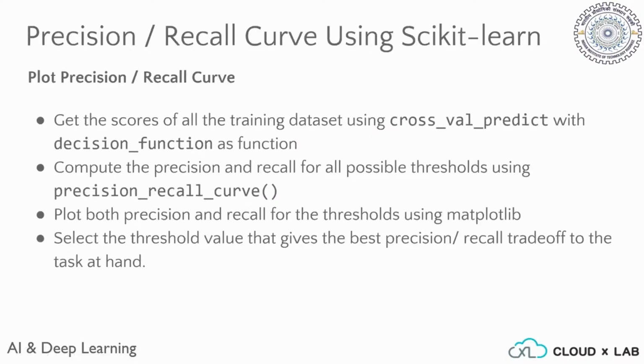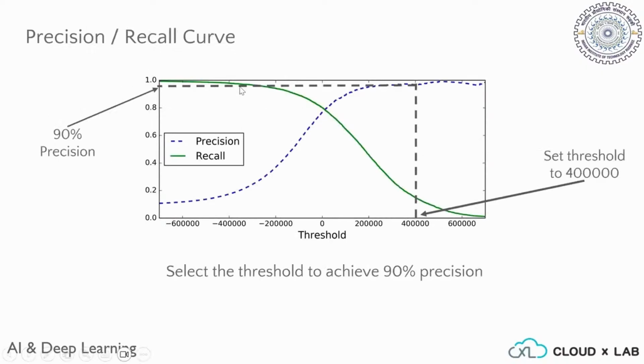Okay, so here we can use scikit-learn to plot these precision recall curves, where on one axis we will consider several values of thresholds, and we will calculate precision and recall for each threshold, and we will plot these curves, right? Now let's say we want high precision, we want 90% precision, we will use this particular threshold, right?